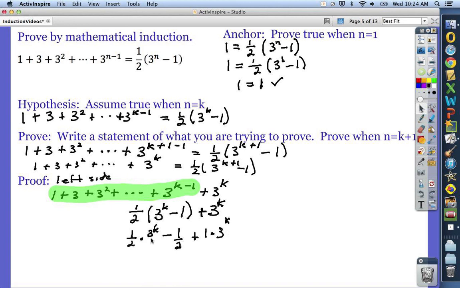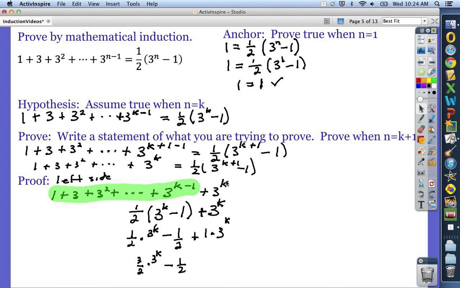Well, think of 3 to the k's as apples. If a 3 to the k was an apple, I have a half an apple here, and I have one full apple here. 1/2 an apple plus a full apple is 1.5, or 3/2 apples. Of course, bring down the negative 1/2.